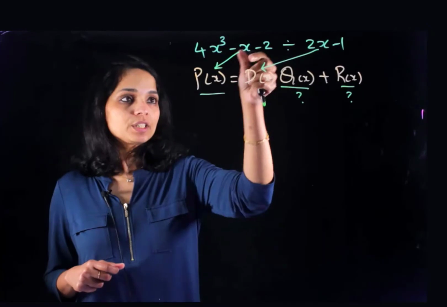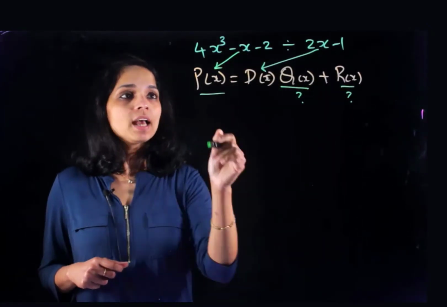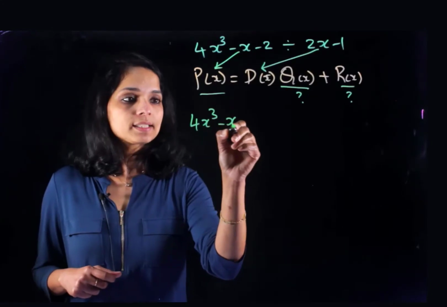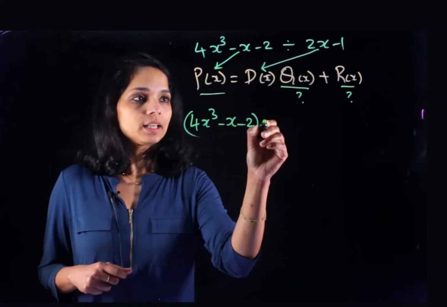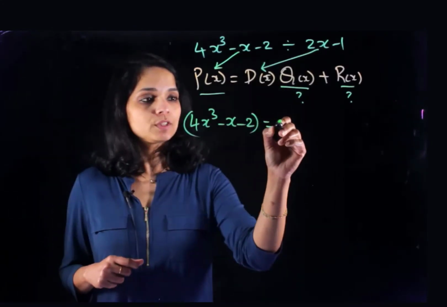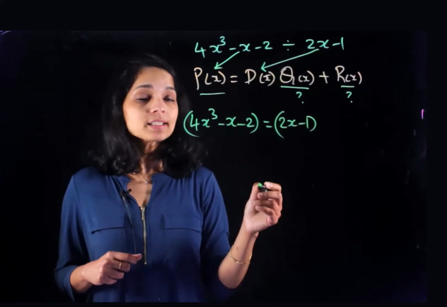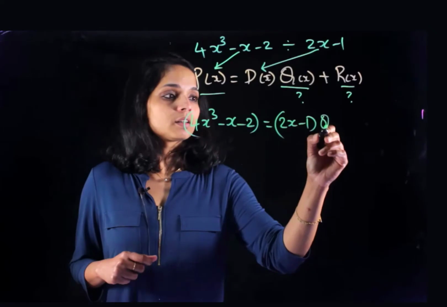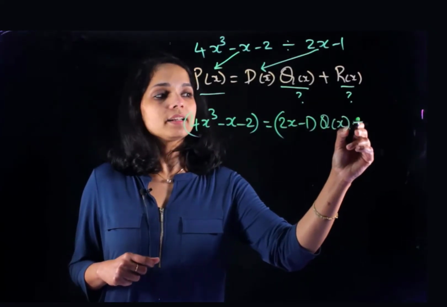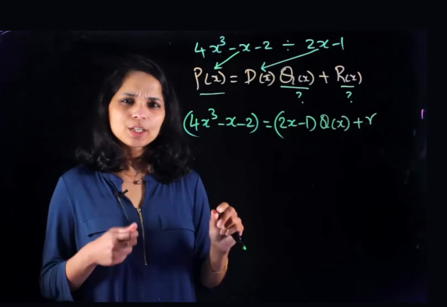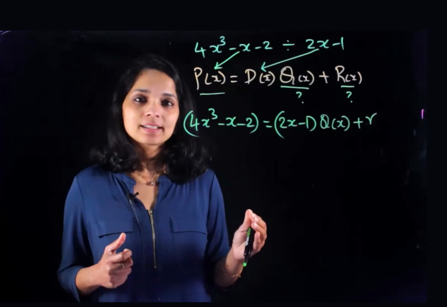So let's substitute these polynomials into this equation, and this becomes 4x cubed minus x minus 2 equals d(x), which is 2x minus 1, times q(x), plus r(x). I'm just going to write it as r. And what is the q(x) we're going to expect?